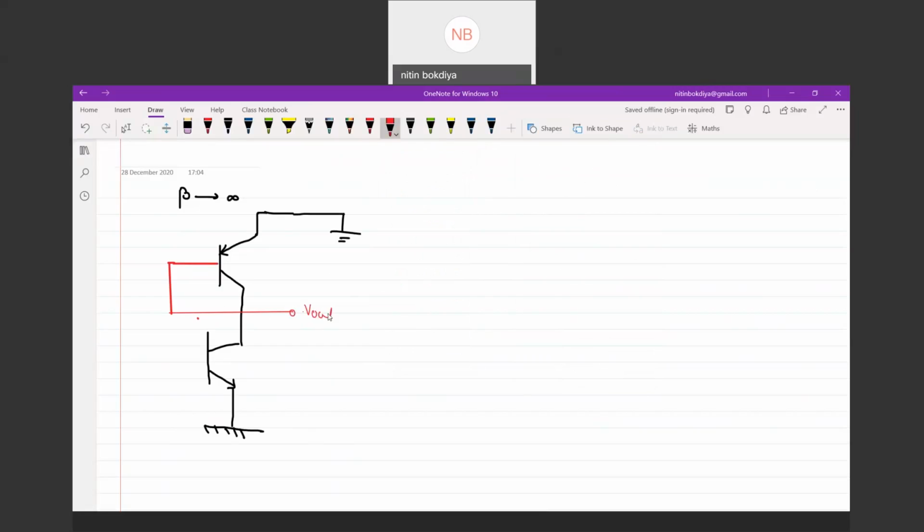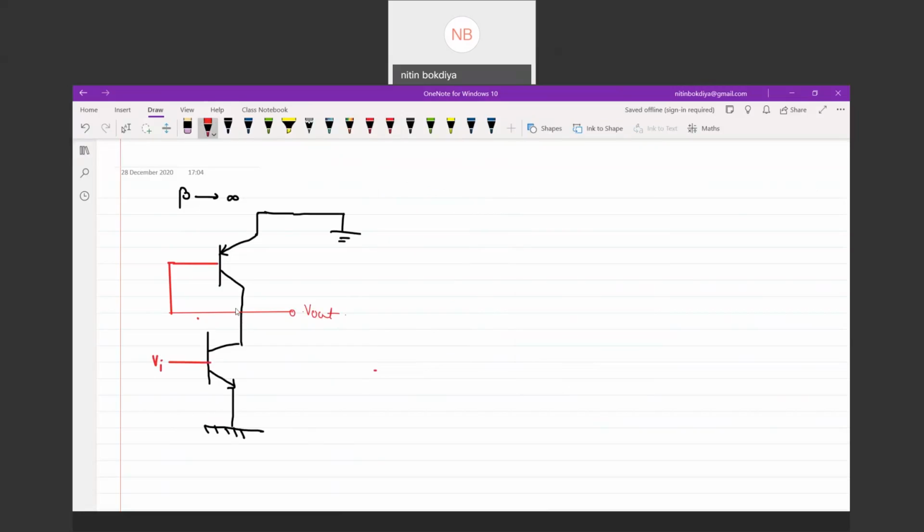This is V out. This is VI. So they want the mid-band voltage gain for this amplifier circuit.